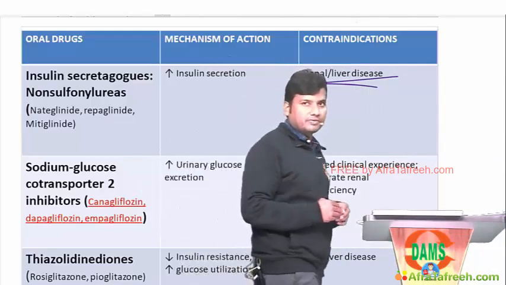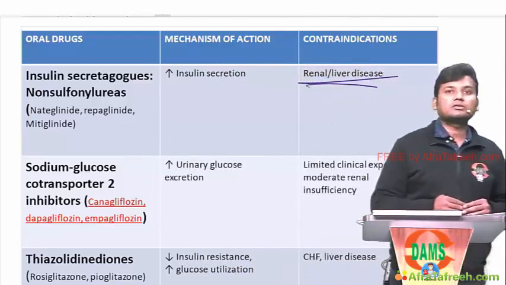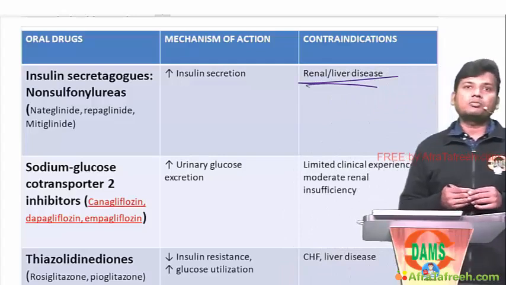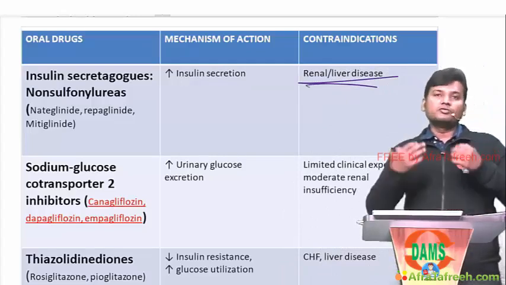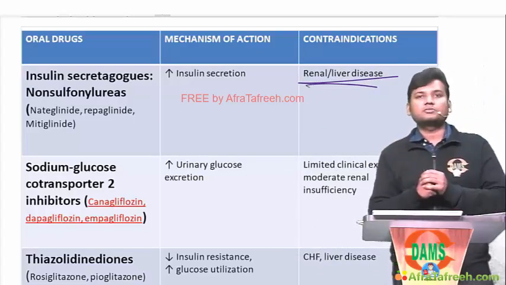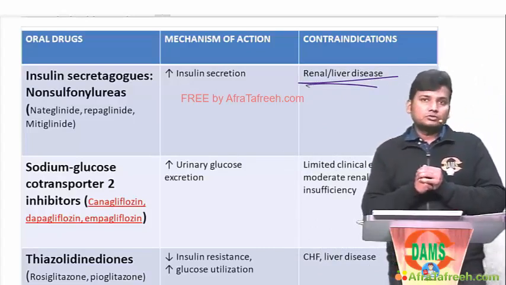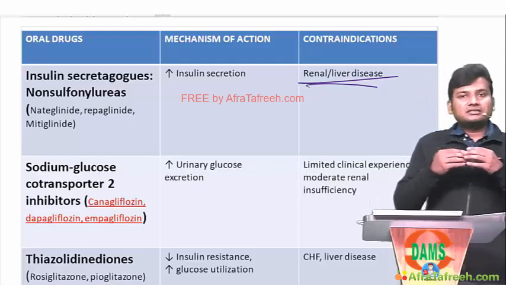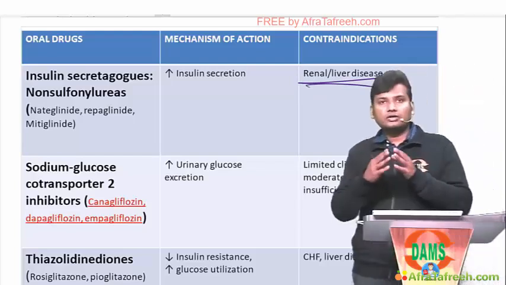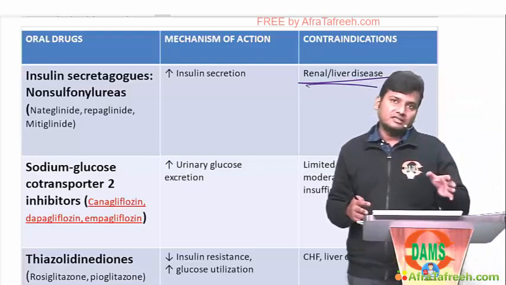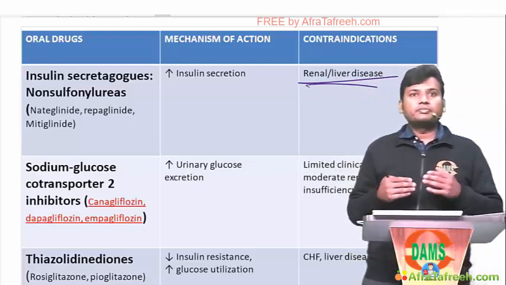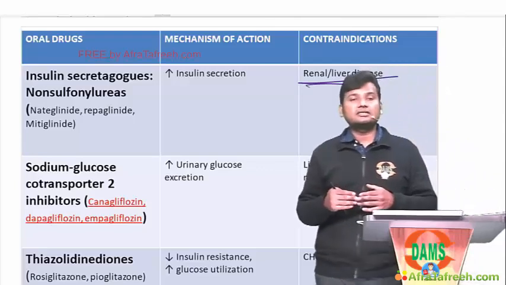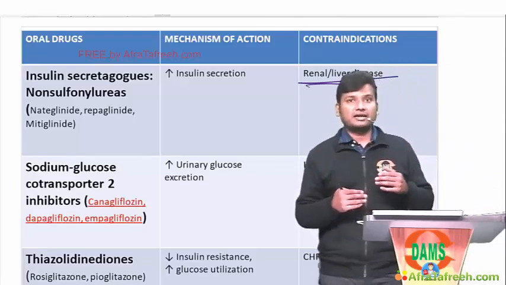SGLT2 is present in the proximal convoluted tubule, and the normal function of SGLT2 is to reabsorb the glucose when glucose enters the proximal convoluted tubule. So these drugs increase the glucose concentration in the tubules of the kidney, and they also increase the glucose in urine. So these patients have an increased risk of urinary tract infection.